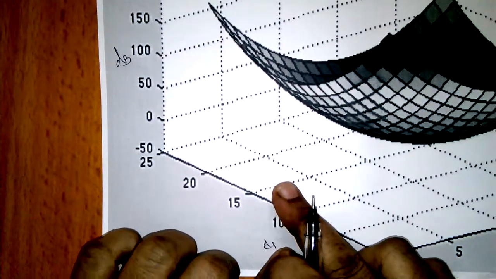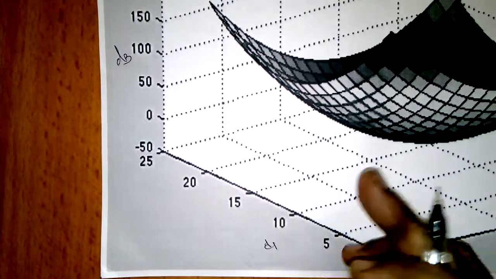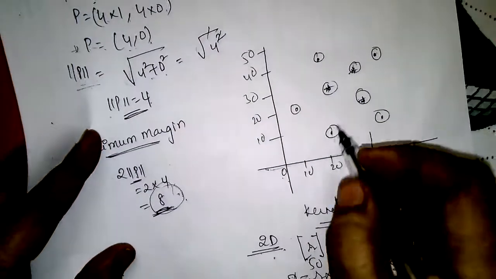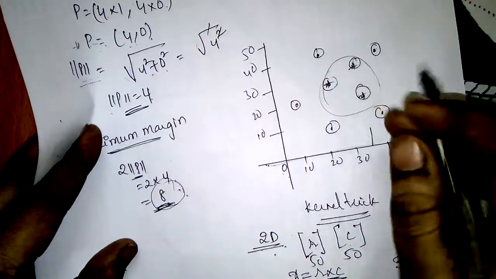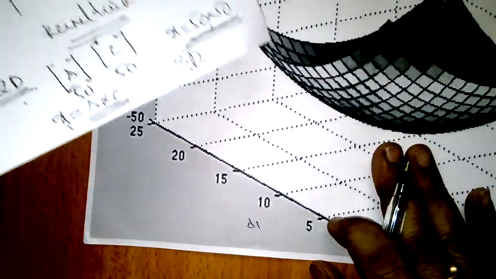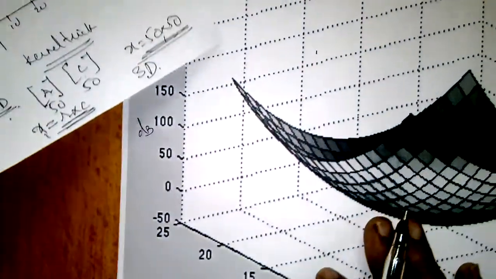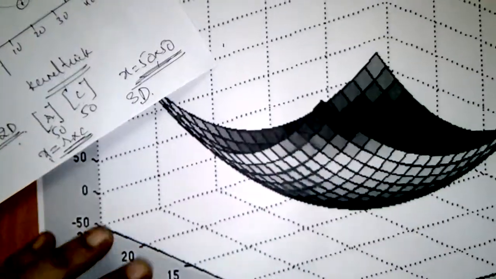Here we have this non-linear separable data like this. This data may be plotted in this dimension, and this data may be plotted in that dimension, so it will look like a 3D image.